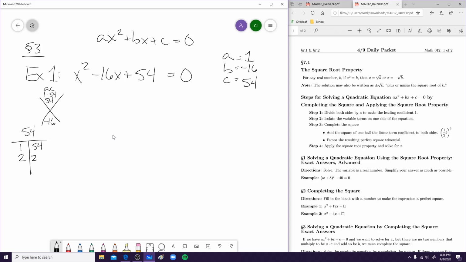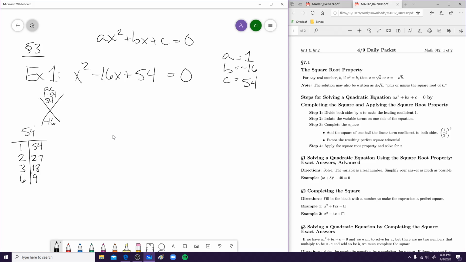There's 2 and 27, they also don't give me negative 16. 3 goes in there 18 times, but 3 plus 18 doesn't equal 16. 4 doesn't go in there, 5 doesn't go in there, and then there's 6 and 9, but 6 plus 9 is not 16. These are all the factors of 54.